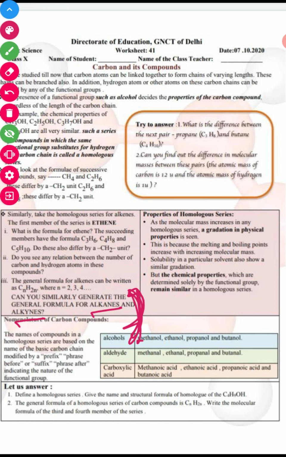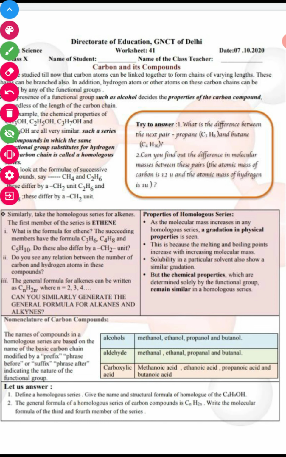Properties of homologous series: as the molecular mass increases in a homologous series, the physical properties also show gradation. This is because the melting and boiling points increase with the increase in molecular mass.